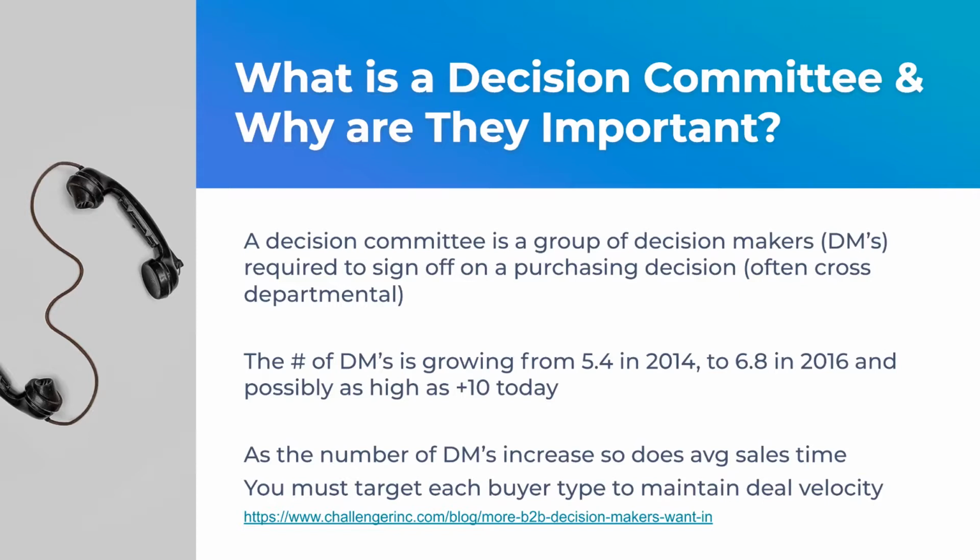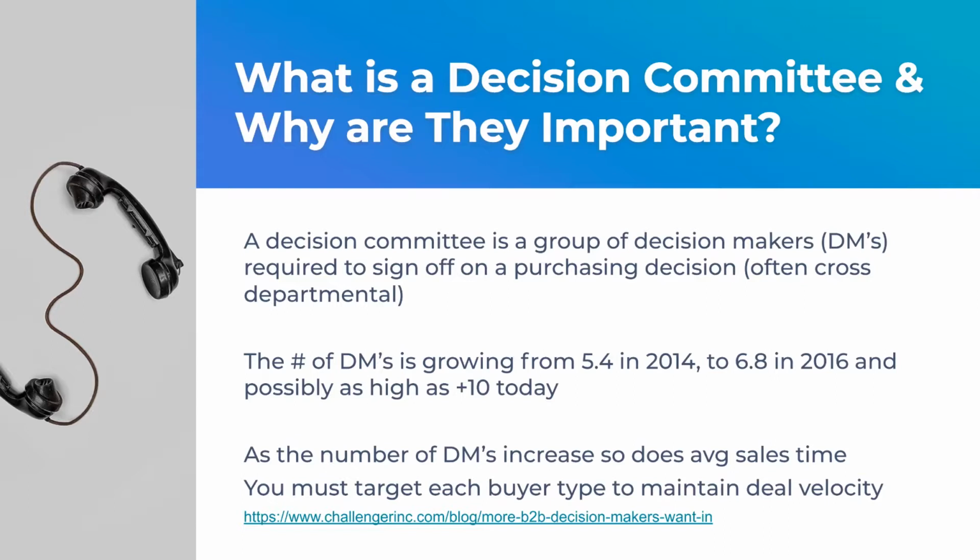And as the number of decision makers increases, so does the average sales time. The amount of time it takes to close a deal tends to be proportional to the number of decision makers, and your close ratio often becomes inversely proportional. So the more decision makers you have on a deal, the lower your close rate is oftentimes going to be.